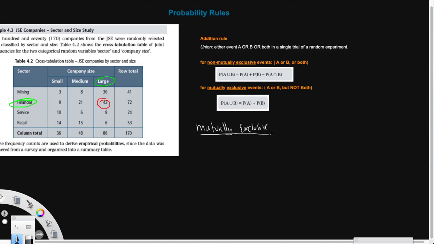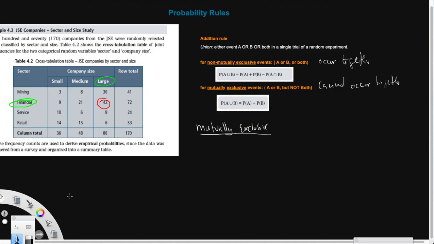Non-mutually exclusive means that they can occur together, and mutually exclusive means these cannot occur together. Okay. So for mutually exclusive, usually the formula is different now.